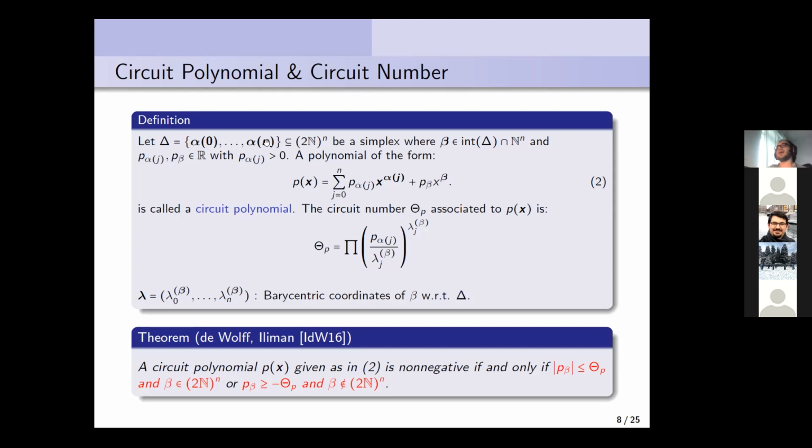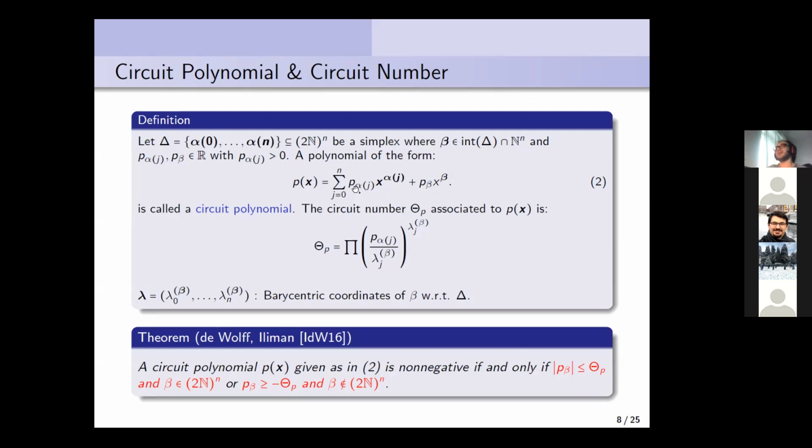By dimension, I mean if you have n variables, you have n plus 2 terms. The exponents of the first n plus 1 terms have to form a simplex, and the exponent of the last term has to be in the interior of this simplex. The coefficients of the first n plus 1 terms are always strictly positive, and we don't put any restriction on this last coefficient over here.